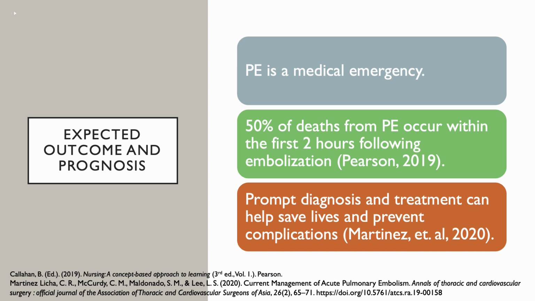The expected outcome and prognosis of a pulmonary embolism, if caught late, is not good. If caught early, it may not be good either. It is a medical emergency, and 50% of deaths from a PE occur within the first 2 hours following embolization. Prompt diagnosis and treatment can help save lives and prevent complications.